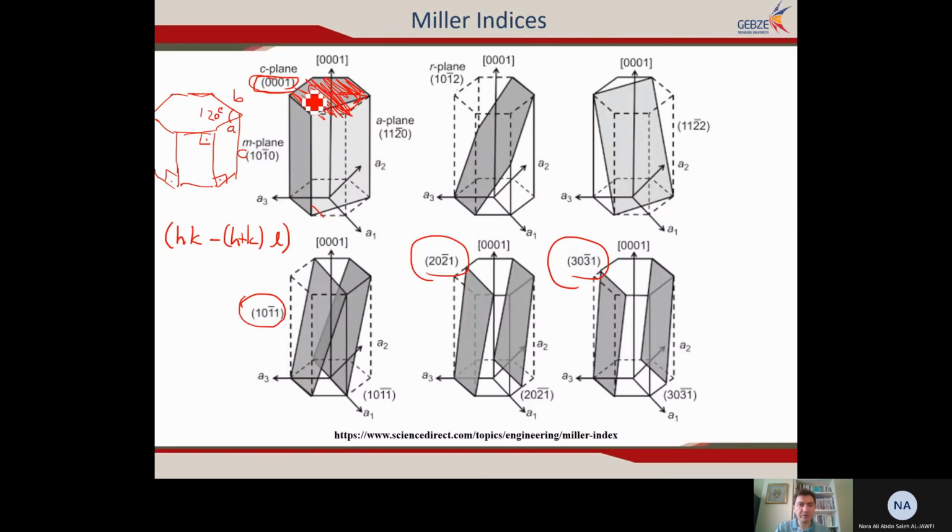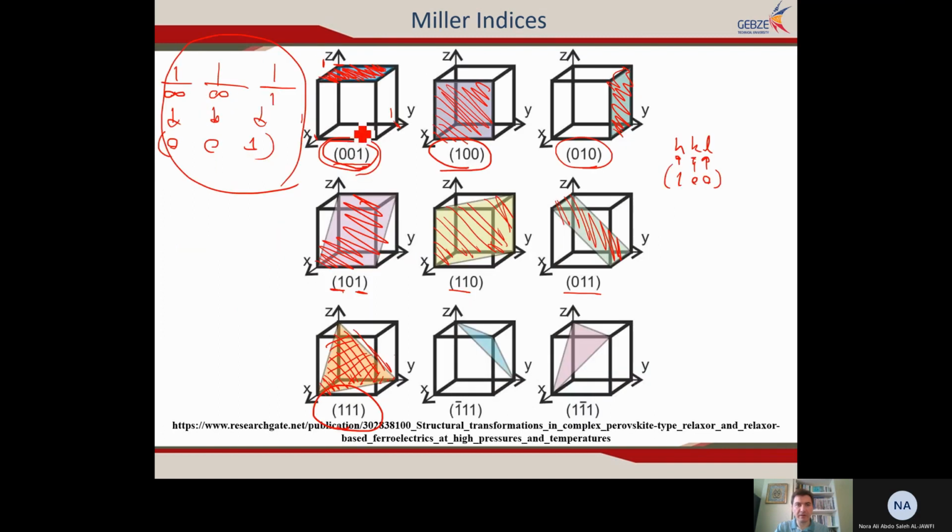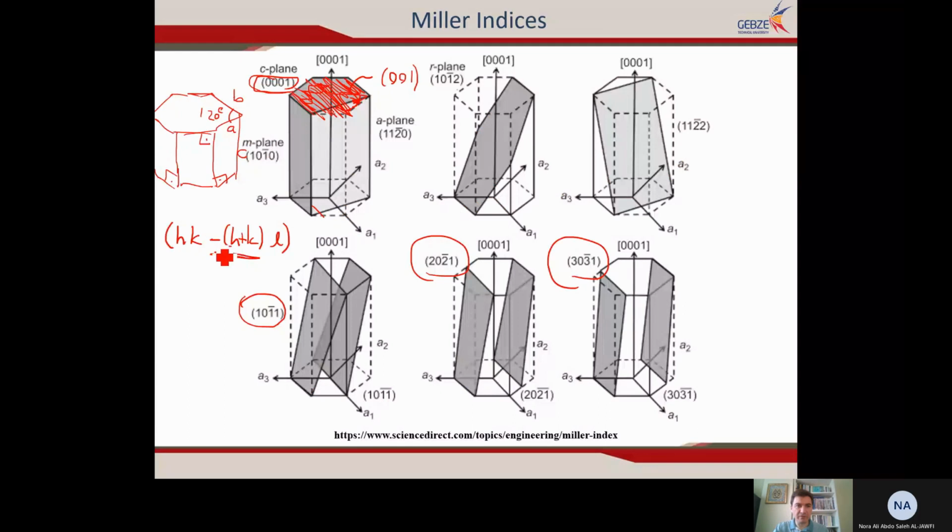If you don't use this minus h plus k, you can write this surface like this, 001, right? But in cubic structures, this is also 001. So you can mix them, or you can get confused. For this reason, we use this number here, which is given by minus h plus k.